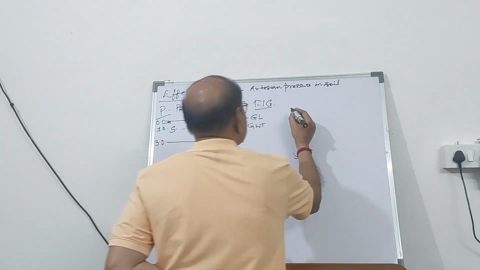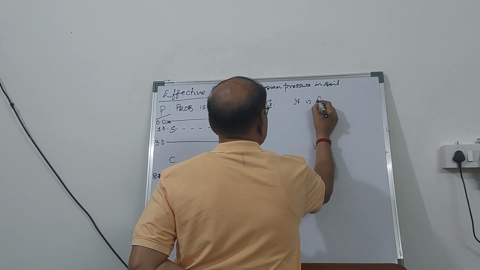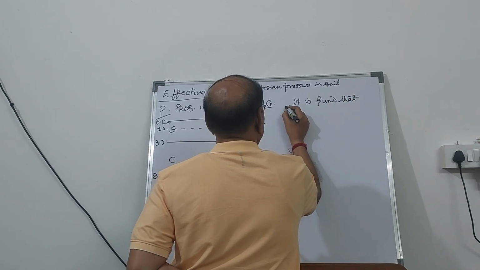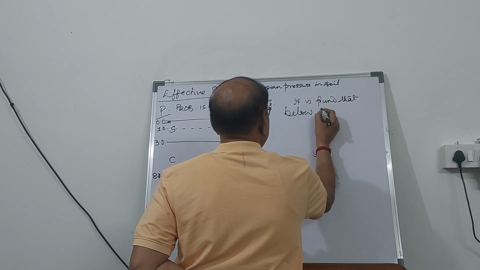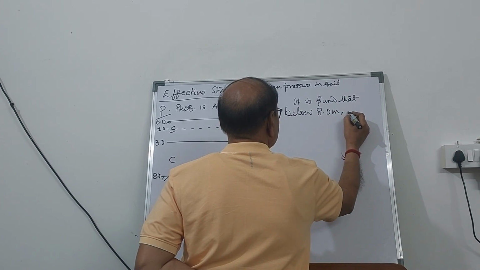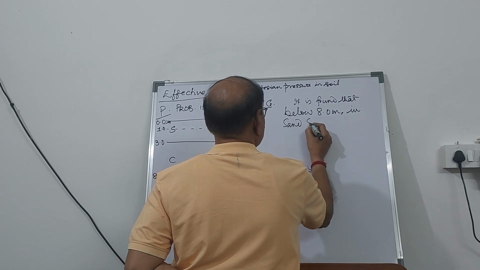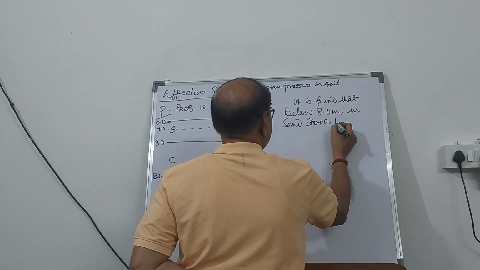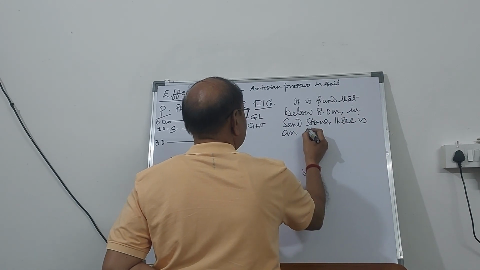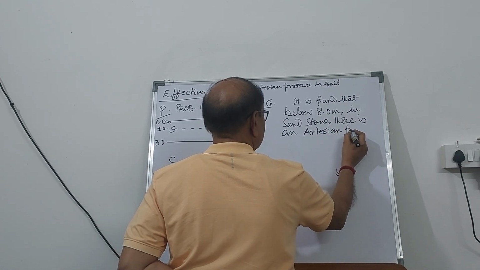Now it is found that below 8 meters in sandstone, there is an Artesian pressure.